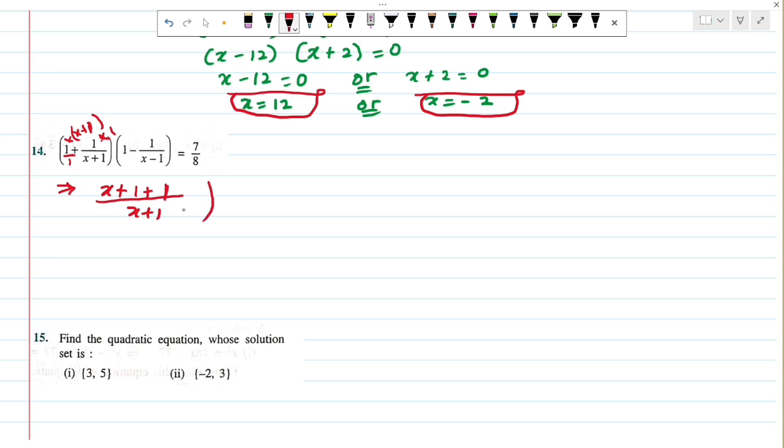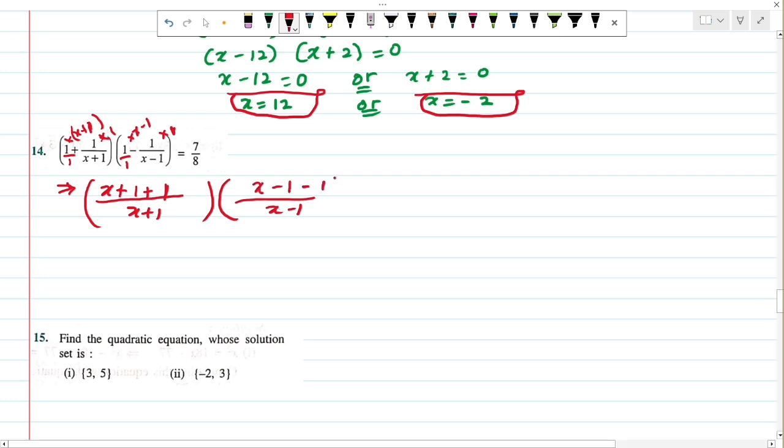So next one, I'll take the LCM here as x minus 1. So 1 into this becomes x minus 1, and here it becomes 1. So I'll write it as x minus 1 and minus 1, which is equal to 7 divided by 8.